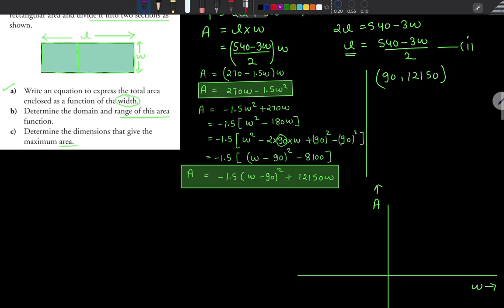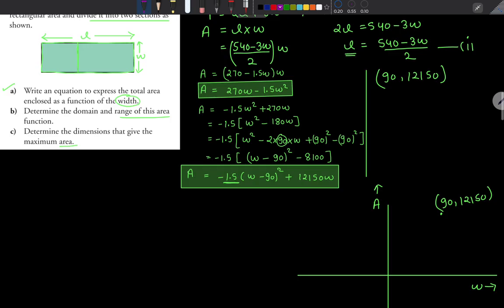So the vertex will lie somewhere here. The value of a is negative, so the parabola will go in the downward direction.